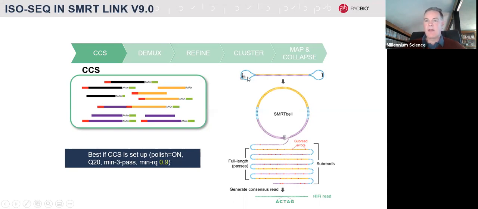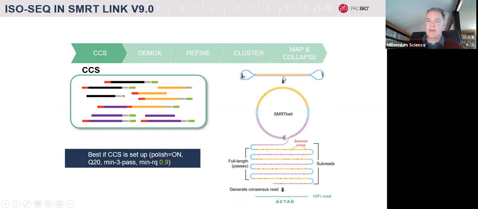So if you remember here, your polymerase binds to the recognition site here with the sequencing primer to form a complex, and then it sequences around the molecule as it churns around, like a sort of bicycle chain going through the cogs, if you like. And so you're going to sequence, say, the purple piece here. It's going to go around the SMRTbell, and then going to sequence the opposite strand in yellow, back around the SMRTbell, purple.